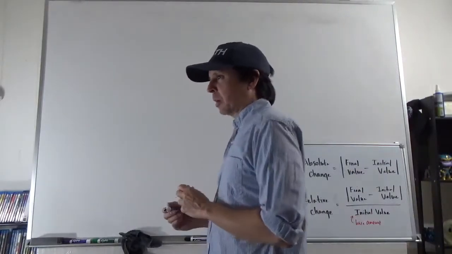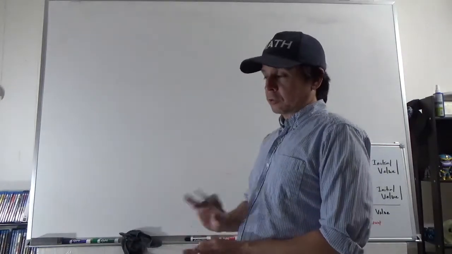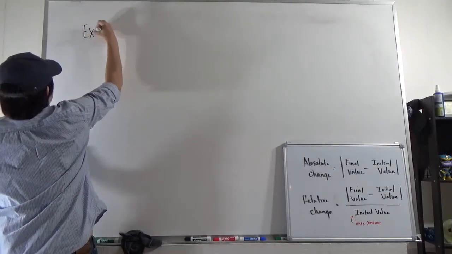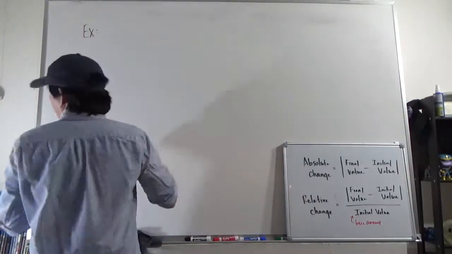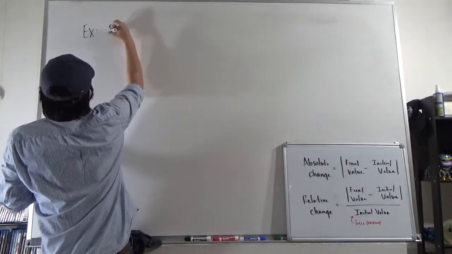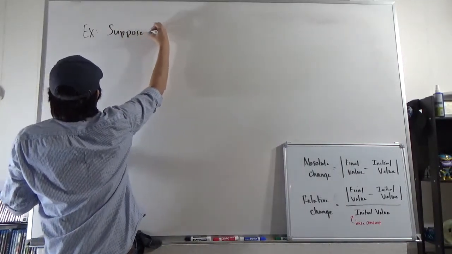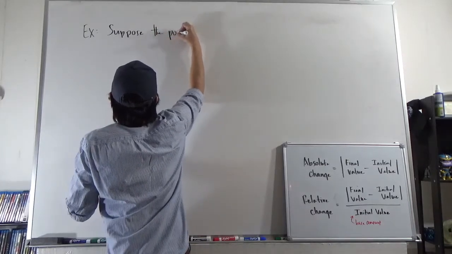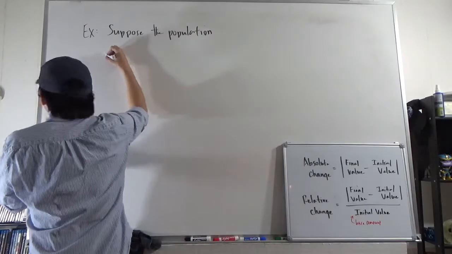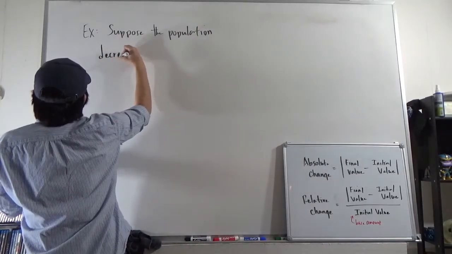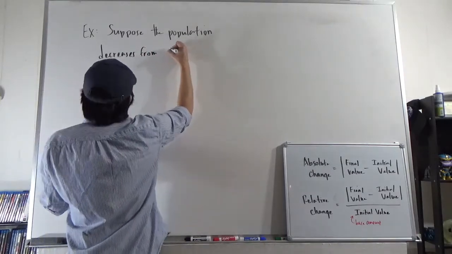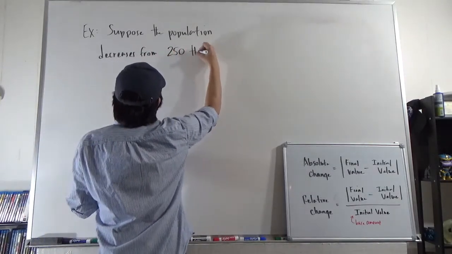Okay, next one. I'm not going to do all three of the graphs, but I'll do the second of the two so you can see a decrease. Computationally we're going to do this second graph that we did intuitively. Suppose a population decreases from 250,000 to 150,000.